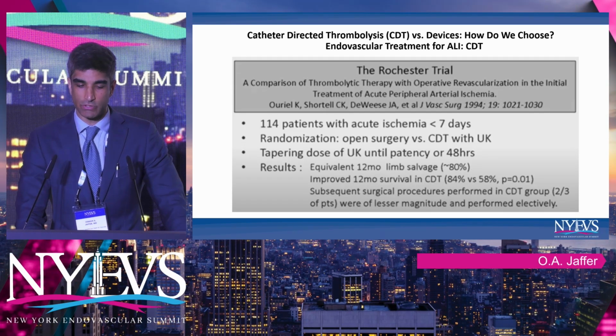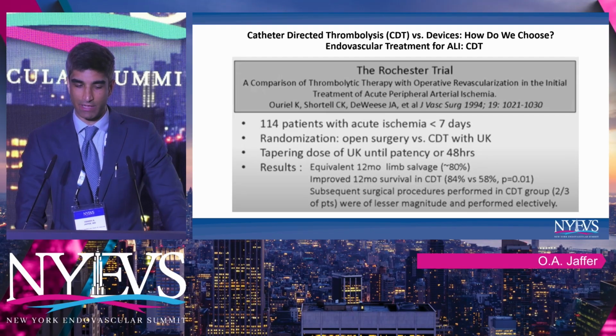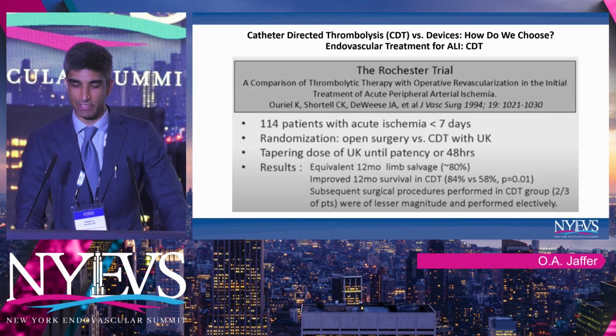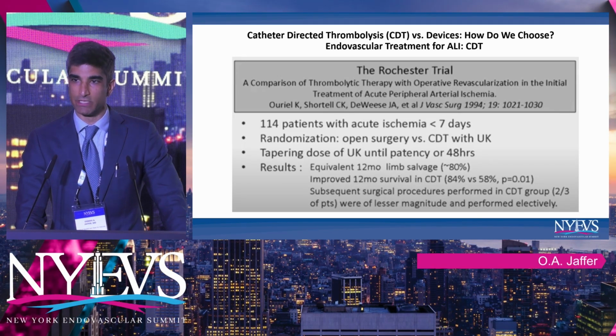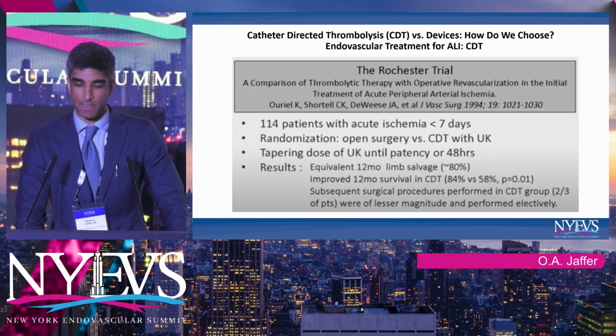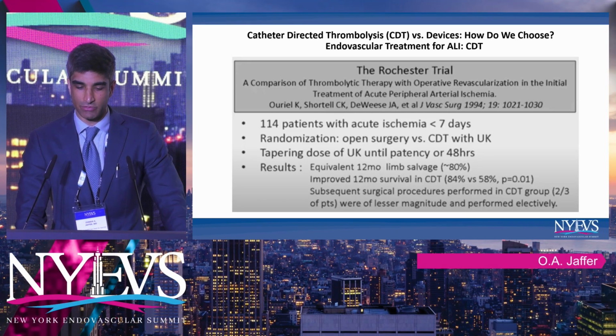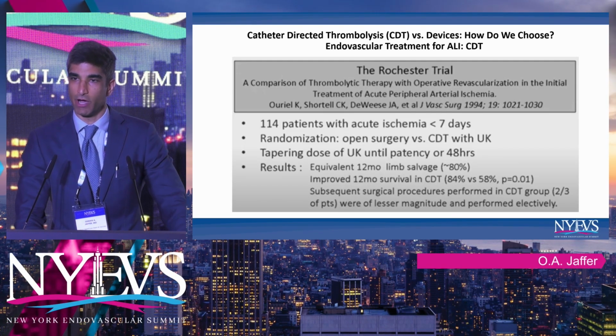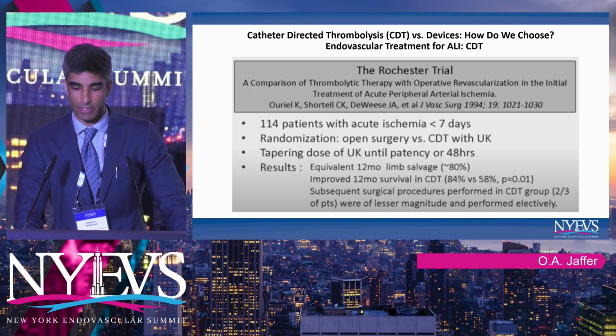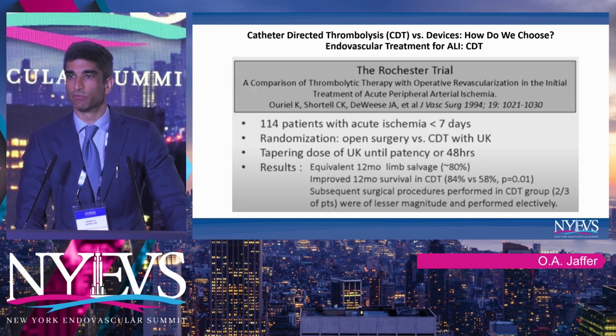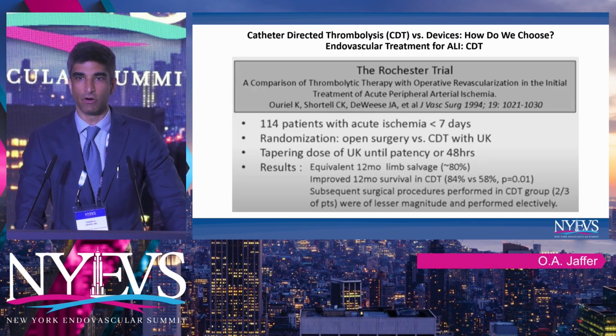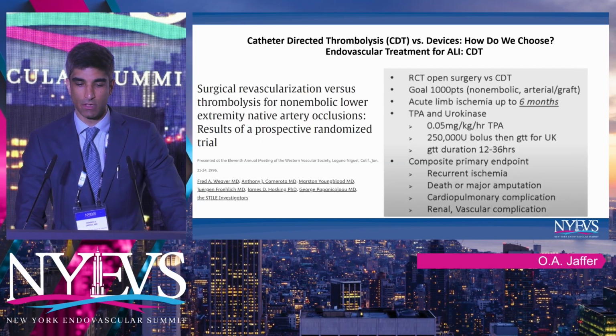The results were really equivalent 12-month limb salvage, improved survival in the CDT group, driven by decreased cardiovascular mortality. The subsequent surgical procedures that these people required, they often did require surgery going forward, but it was of lesser magnitude and it was performed electively. And that's a theme of all 3 of these trials.